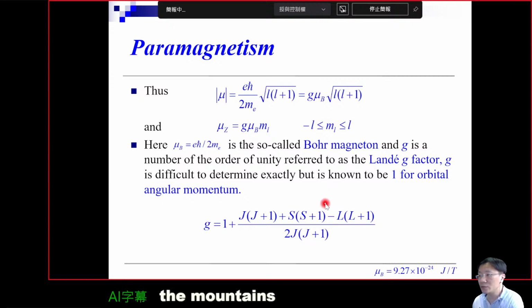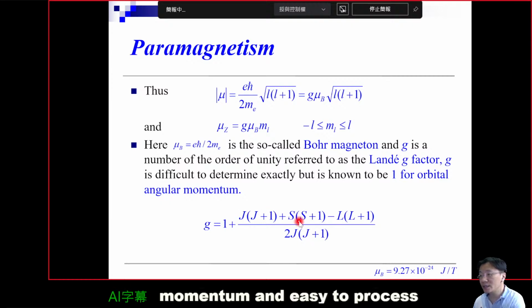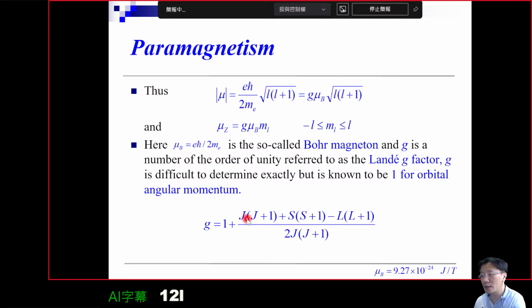So you can imagine that if there is solely orbital angular momentum, then S would be equal to 0, right? And J is equal to L plus S. So in this case, if we have no spin angular momentum, then J plus 1 will equal L plus 1, and this one and this one are identical.